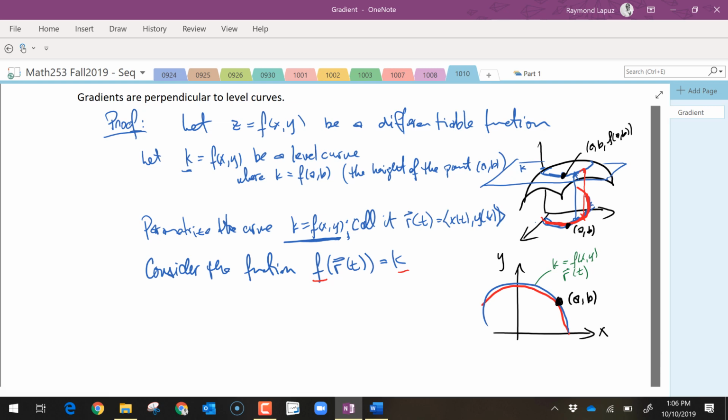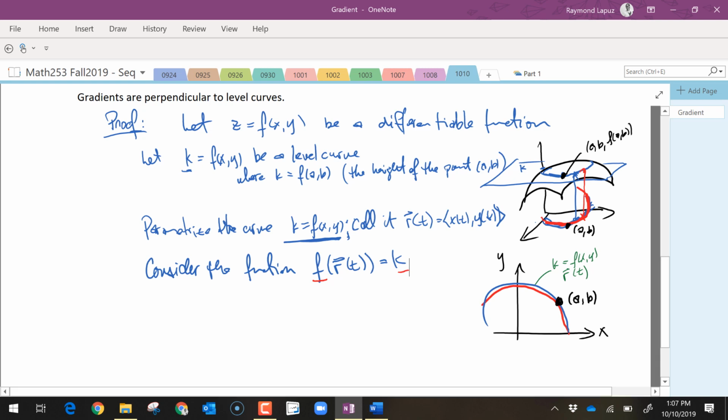Okay? Is that exciting? No, it's not. All right, we'll see if we could actually do this for real with an actual curve. But let's go ahead and finish this proof.